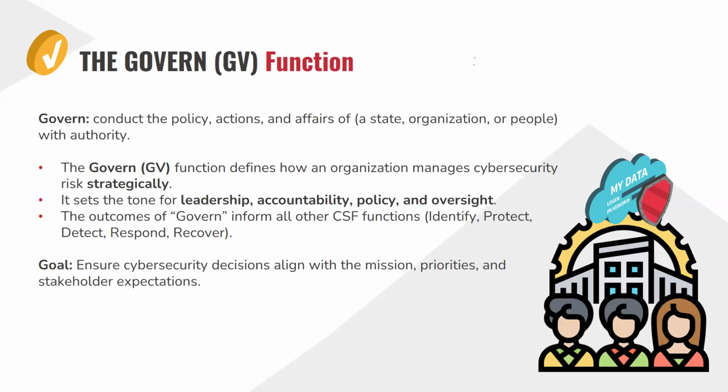So governance defines who makes the decision, how they make that decision, and how those decisions are communicated across the organization. The goal of this function is to ensure that any decision we make regarding cybersecurity aligns to the mission, the goals, and expectations of the organization.